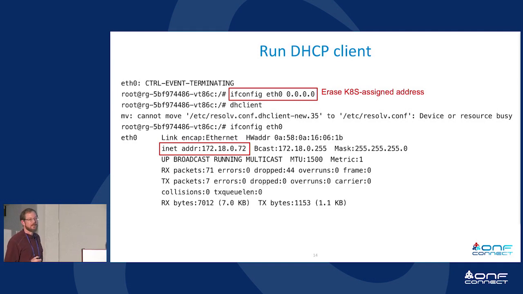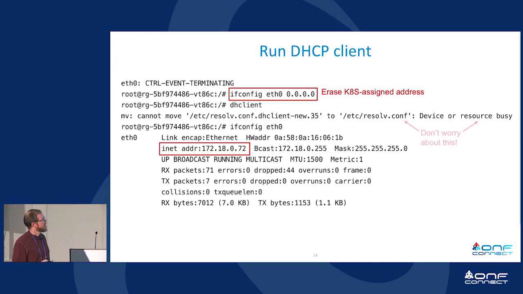On the data planes slide, I think I forgot to point this out, but the BNG has an IP address of 172.18.0.10, and its DHCP server is serving that subnet. So dhclient has succeeded.